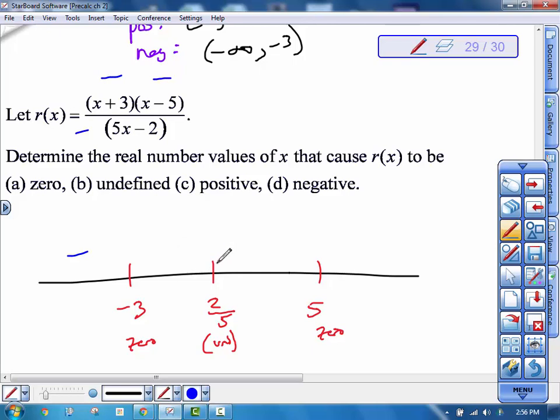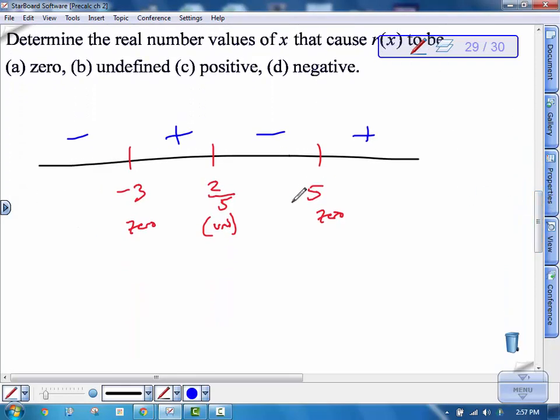Between -3 and 2/5, like 0, gives you a positive, a negative, and a negative. That gives you a positive. A number between 2/5 and 5, like 3, gives you a positive, a negative, and a positive. So that'd be back to negative. A number greater than 5 is like 6. 6 gives you a positive and a positive. So that'd be a positive.